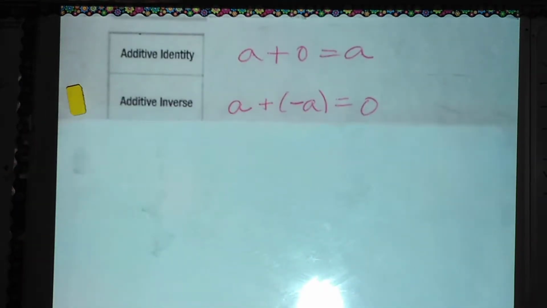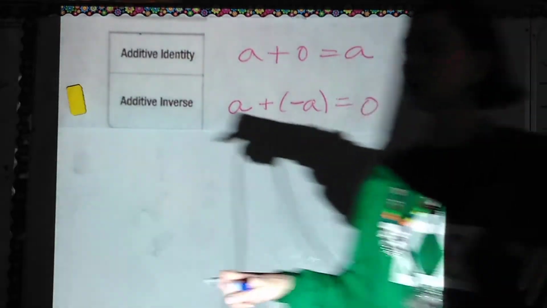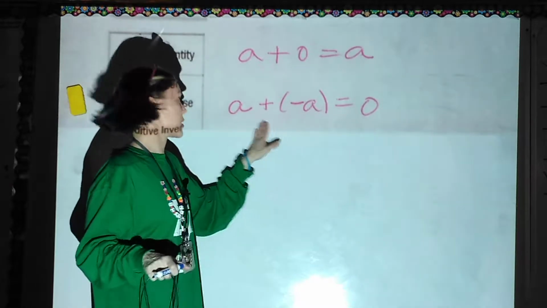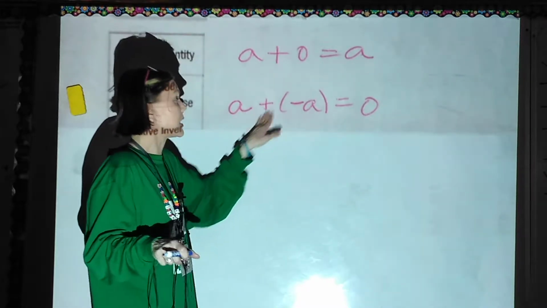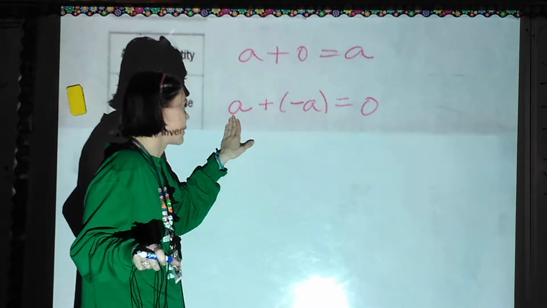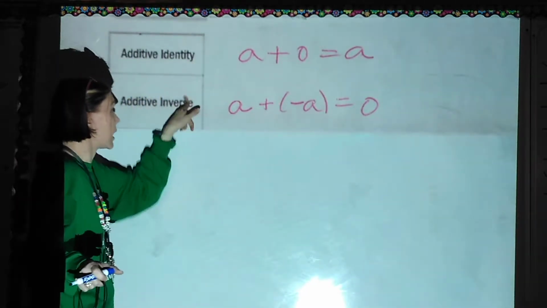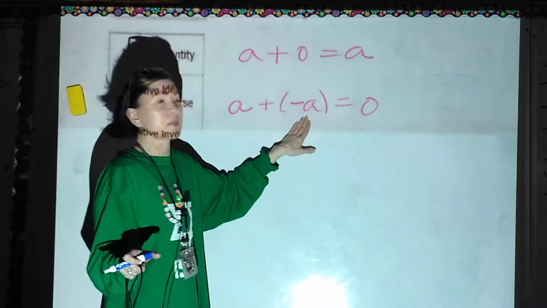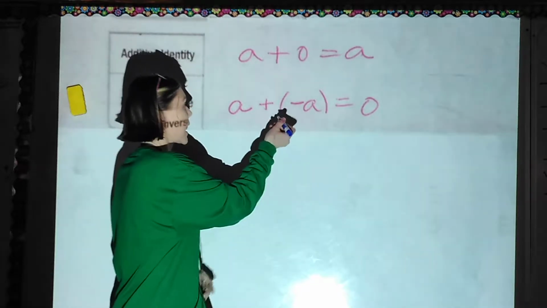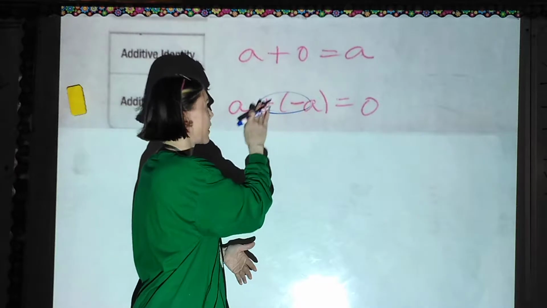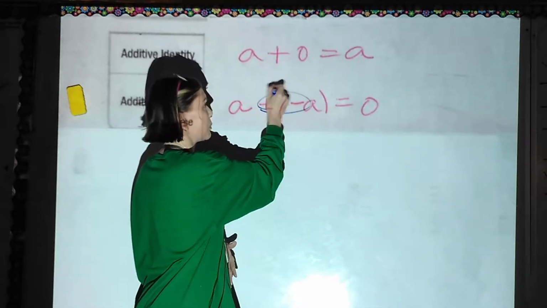Moving on. Additive inverse. The inverse is like the opposite, okay? So you start off with A, and you add the opposite of A. When we have opposite signs, we subtract.